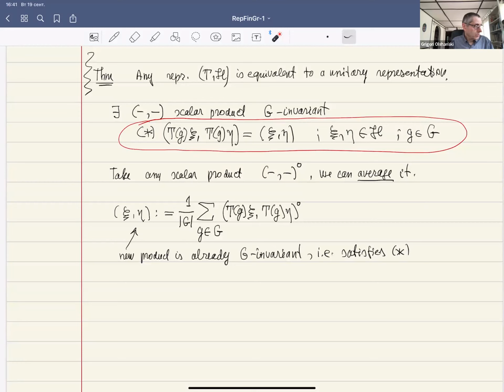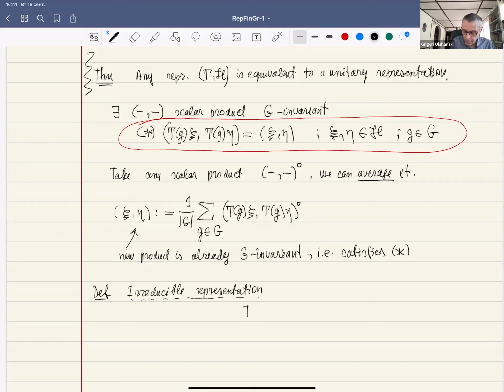Okay, so the next notion is that of irreducible representations. What does irreducibility mean?